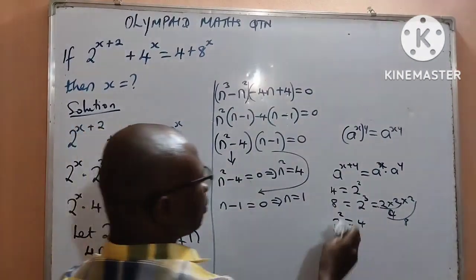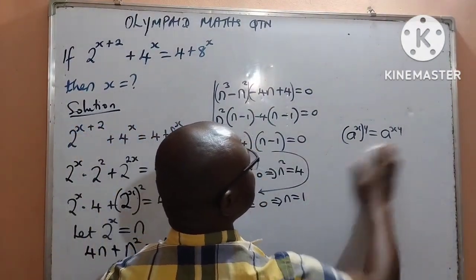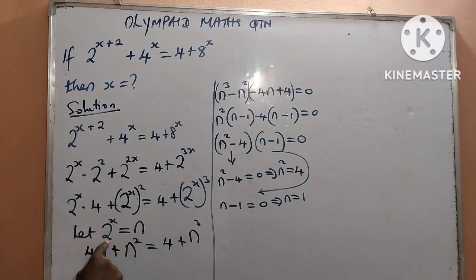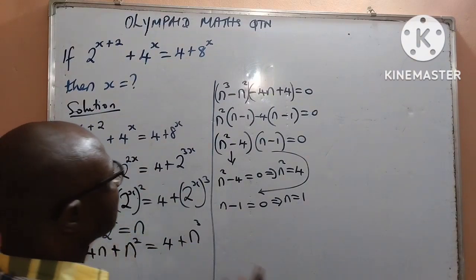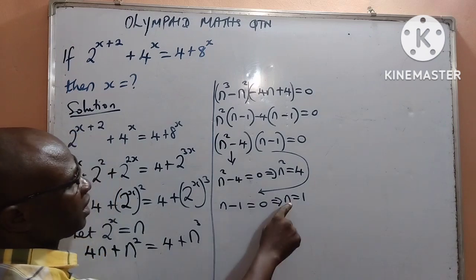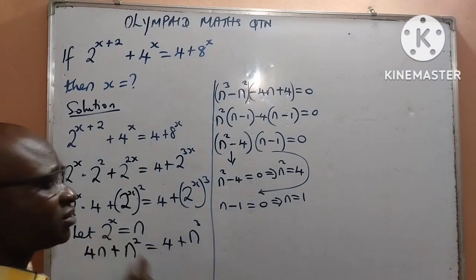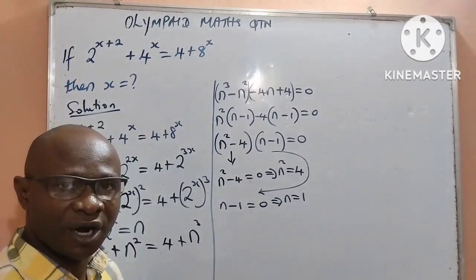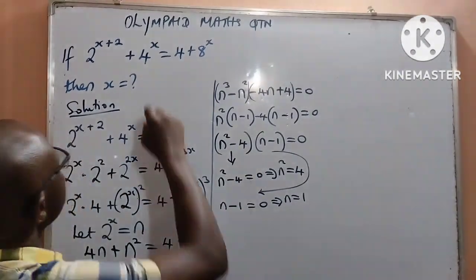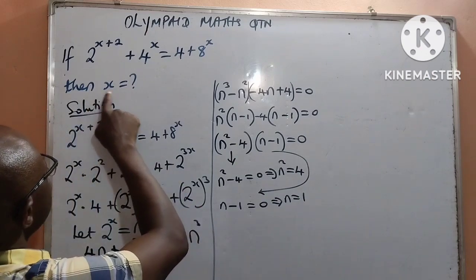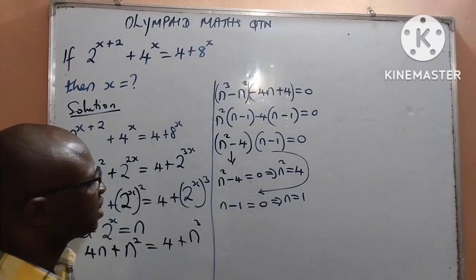But remember, we said in the question, let n be equal to 2 to the power of x. Now that I have gotten the value of n, I can substitute the value of n to get the actual value of x, because the question is given to me in terms of x and I am expected to get the value of x.